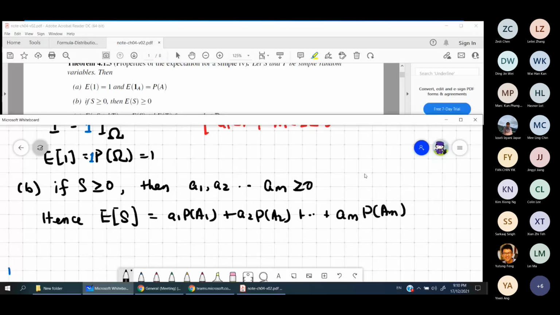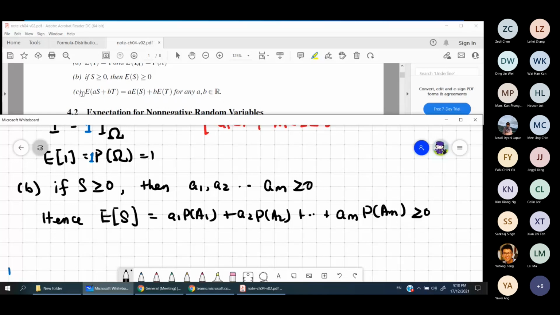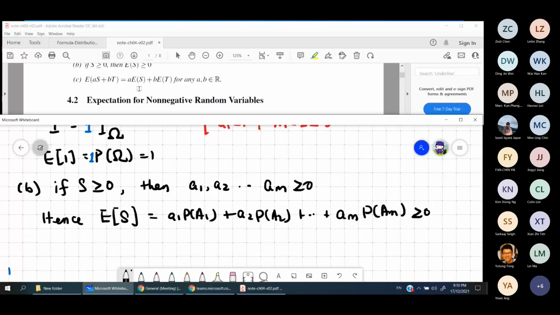I think it's clear, so it cannot be negative, right? And then this is also quite straightforward. E of S plus T must be ES plus ET. If you put in aS, it must be aES. Okay, so I think it's clear. Right, so this is done.